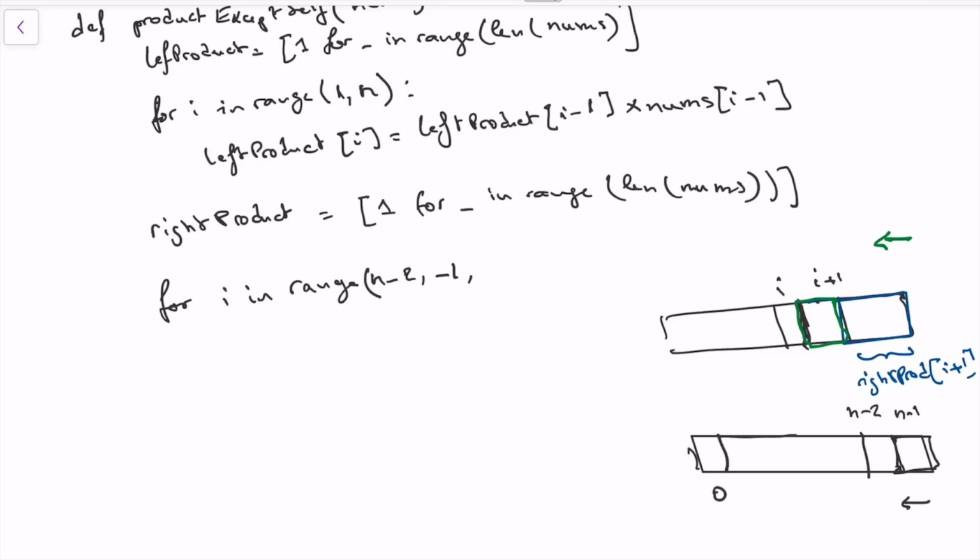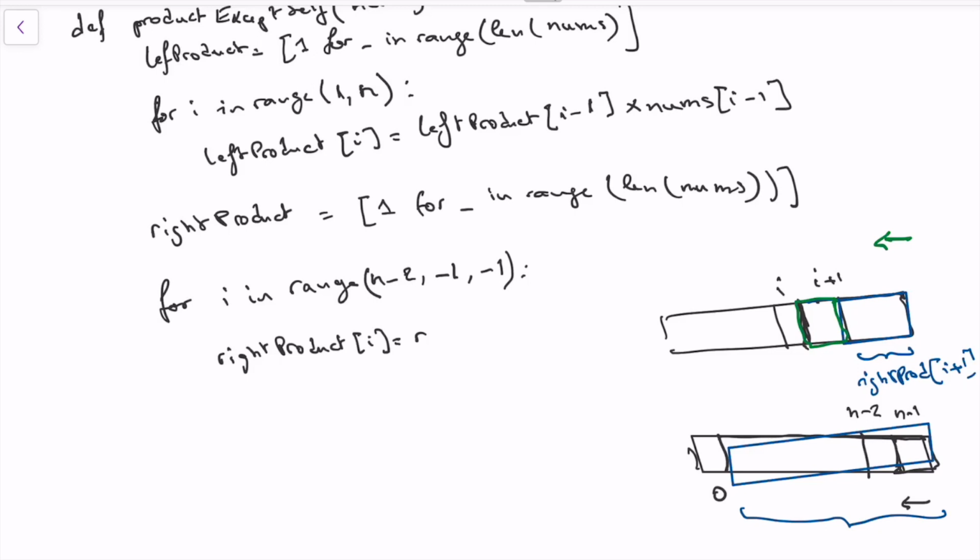0 has this entire portion of the array as its right product, right? This entire portion here, right? And so here we need to stop when we reach 0, so we put minus 1, and the right product at position I would be, as we said, right product at I plus 1 multiplied by number at I plus 1, right?